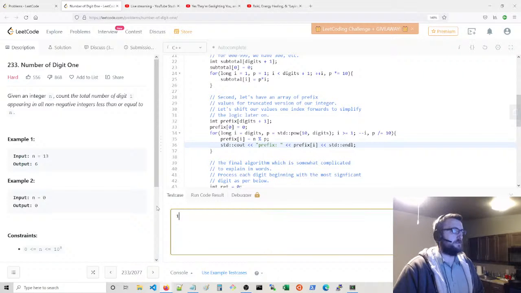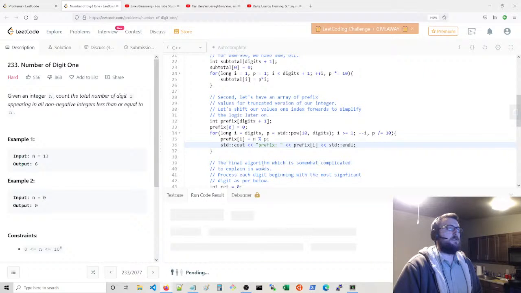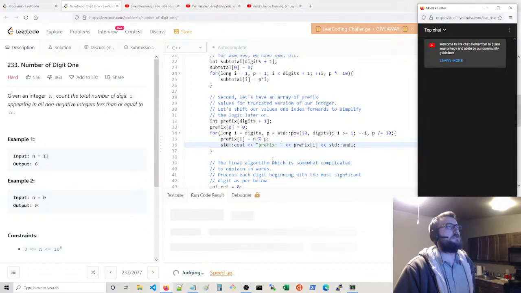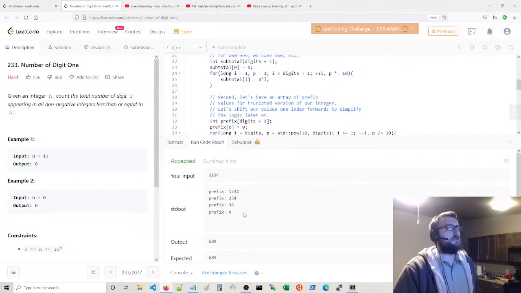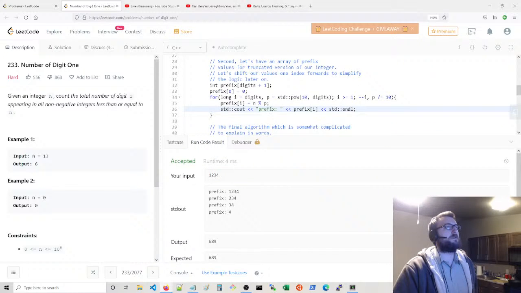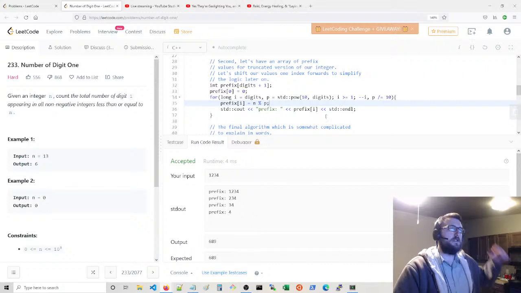Let's just do 1, 2, 3, 4. 1, 2, 3, 4, 2, 3, 4, 3, 4, 4. So yeah, the largest prefix will have all the digits, and then you actually don't need that one.